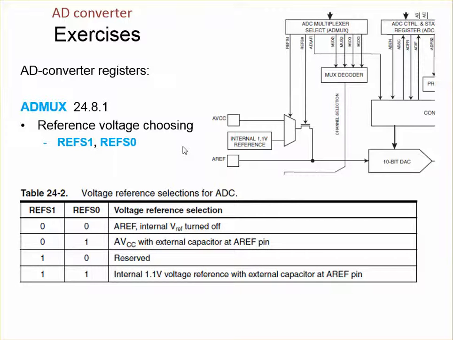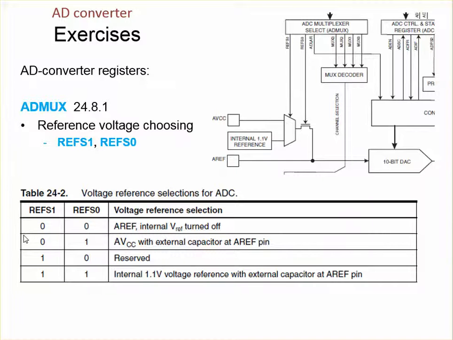And how we could choose this reference voltage is that in the registers, there is the ADMUX register. There are 2 bits in that register, REFS1 and REFS0. With these 2 bits we could choose which reference voltage mode we are using. And in this table the meaning of those bits is explained.